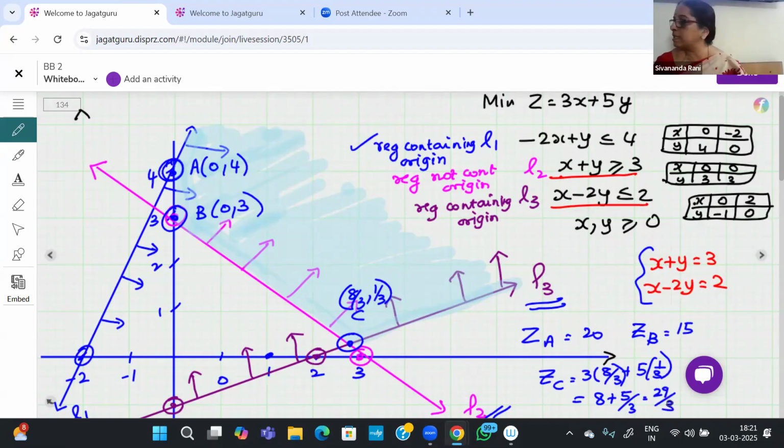So I think this is the least. This is the minimum value that you get, and the corresponding point that gives you the minimum is C, (8/3, 1/3).